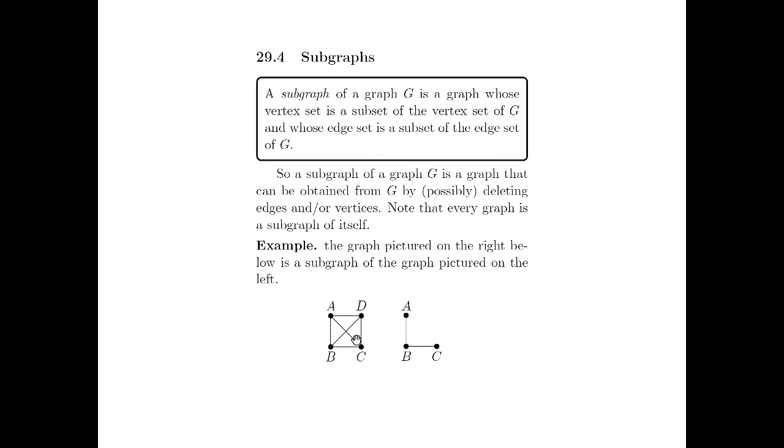So I deleted a bunch of vertices and edges, and got from here to here. That means this is a subgraph of this. And of course, we could think of that in terms of vertex set and edge set. Here our vertex set is ABC, which is a subset of the vertex set ABCD here, and our edge set is AB and BC, which is a subset of the big edge set here, which has 6 edges.